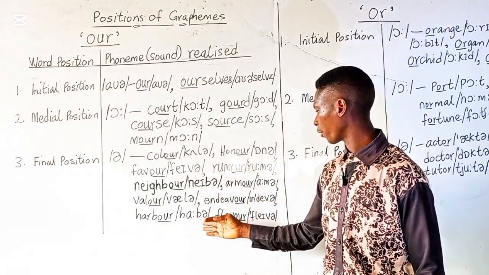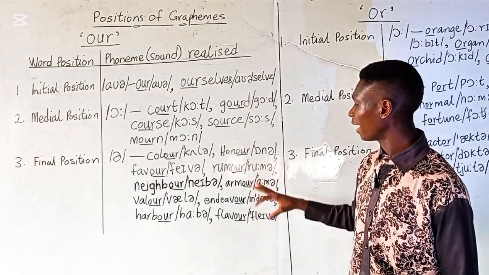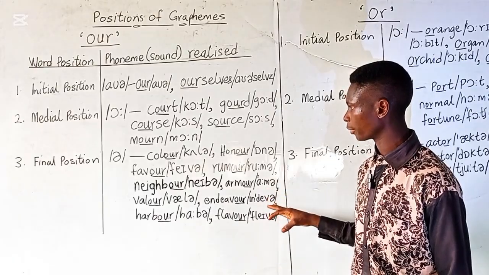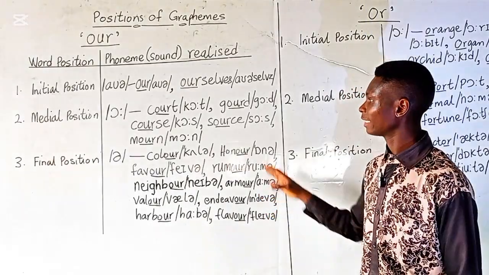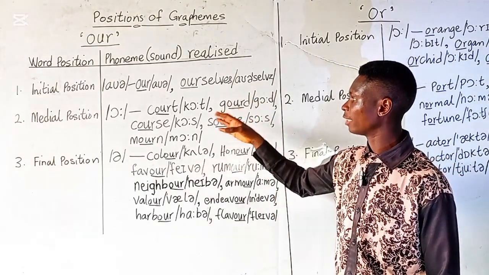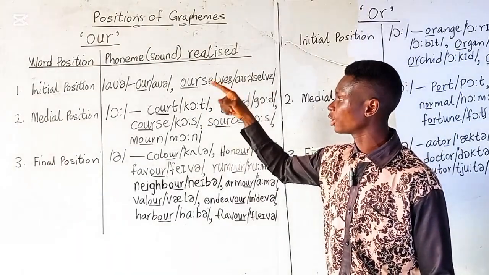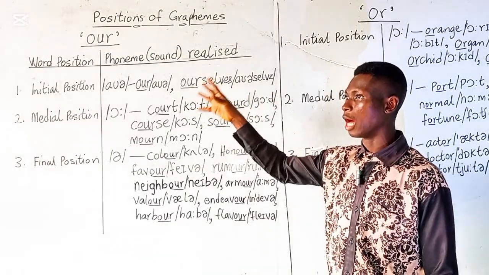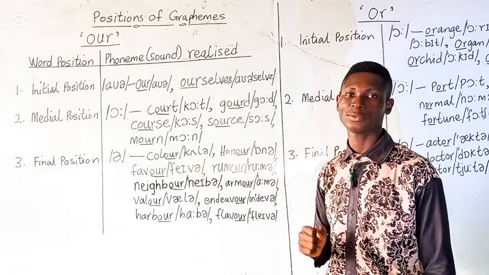We have harbor and flavor. So at the final position of words, we have the sound, that's the schwa sound. Whereas at the medial position, in place of OUR, we have the O sound. And at the initial position, the beginning of a syllable, we have the R sound.